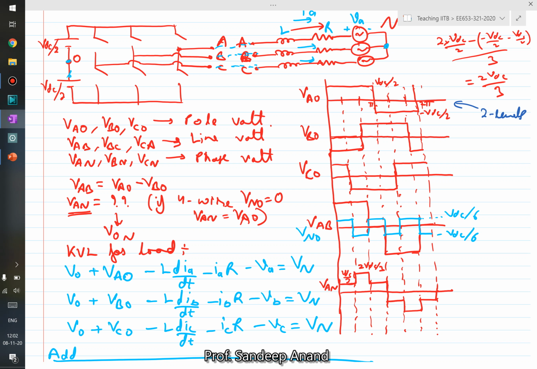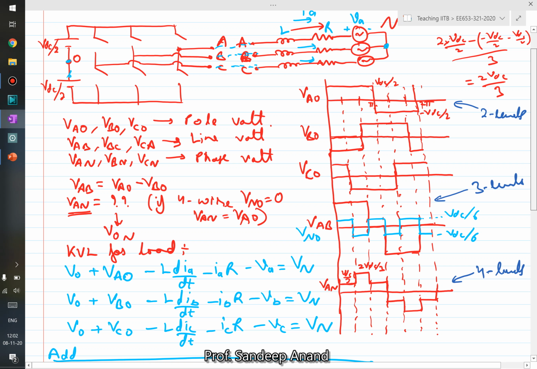Similarly, VAB has 1, another is 0 level, and the negative level, so it has 3 levels. And if you see VAN, you have VDC by 3, 2 VDC by 3, minus VDC by 3, minus 2 VDC by 3. So it has, as visible, 4 levels.